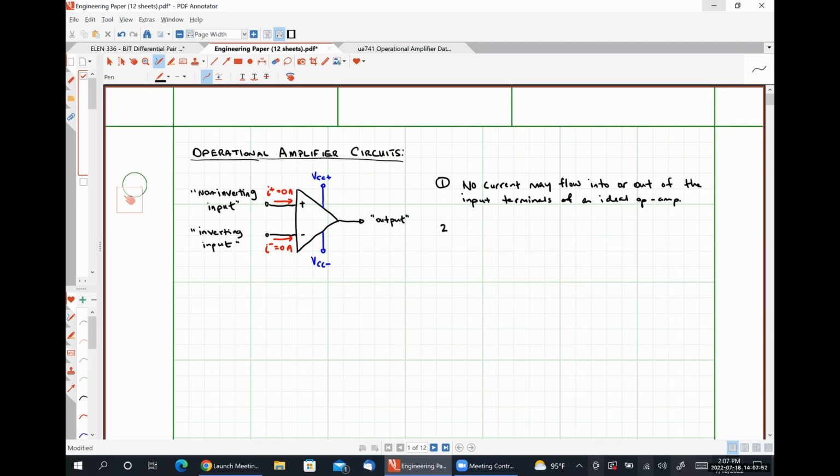Our second rule for how op-amps behave is that there can be no voltage difference between the input terminals of an ideal op-amp.